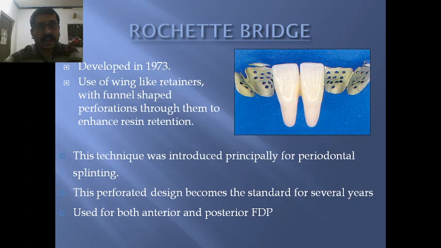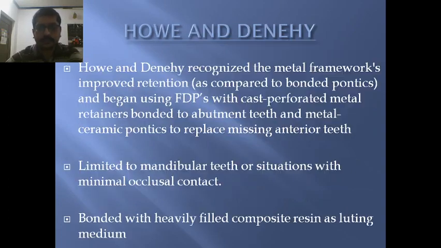This perforated design became the standard for several years, and it is used for both the anterior and posterior FDPs. Howe and Denehy recognized that the metal frameworks improved retention compared to bonded bondings, and they began to use FDPs with cast perforated metal retainers that were bonded to abutment teeth and metal ceramic bondings to replace missing anterior teeth.